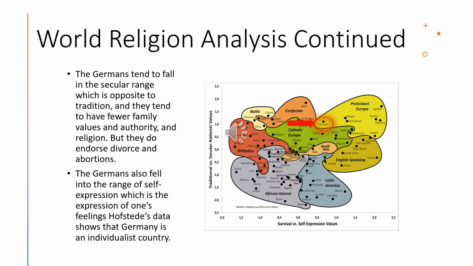Hofstede's data shows that Germany is an individualist country. On the map, I've pointed Germany out, and you can see that it's sitting far to the right, in the secular range, and falling in the self-expression range as well.